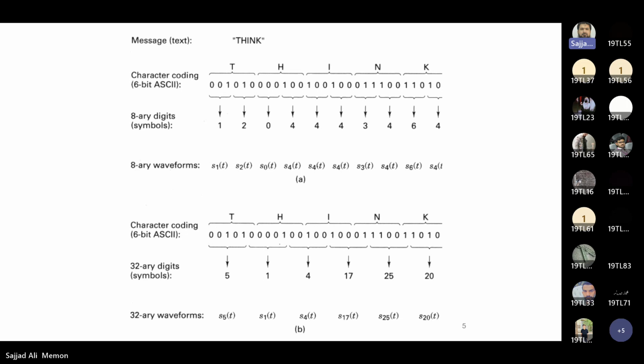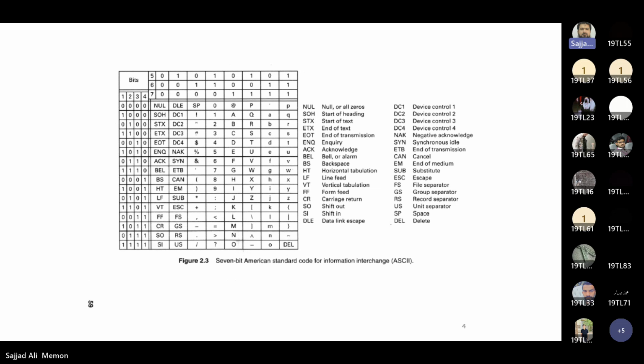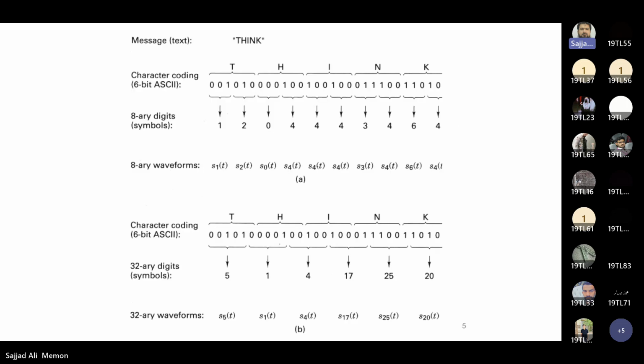So that is the process. You provide your input through your keyboard in alphabets or alphanumericals, and that will be converted into 7-bit ASCII or 6-bit ASCII, whatever standard your laptop or computer is using. Then they will be converted into different array digit symbols. It can be 8 array, it can be 32, whatever symbols we are using here, that many waveforms will be generated.